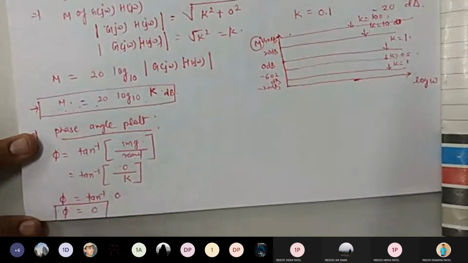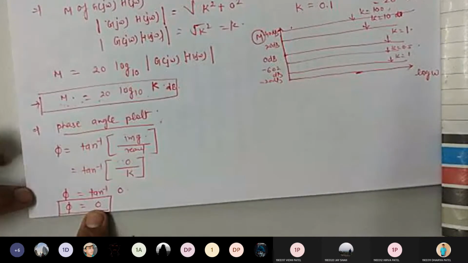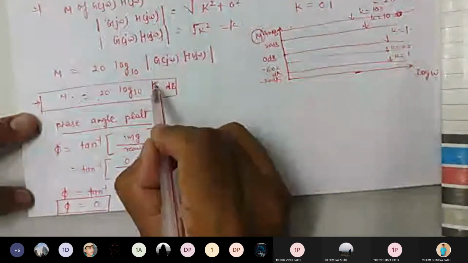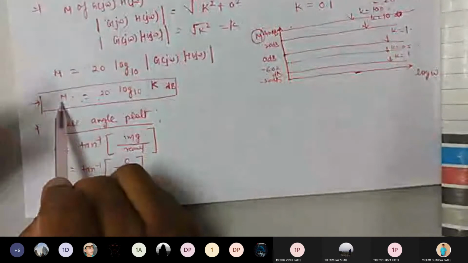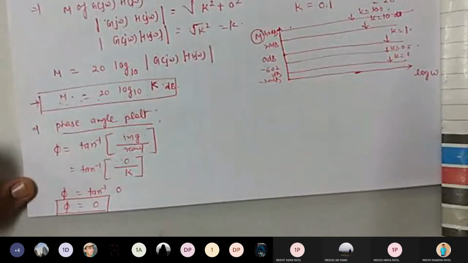That means the contribution of K in the phase angle plot will always be 0. Even though K changes the magnitude, the phase will always be 0.